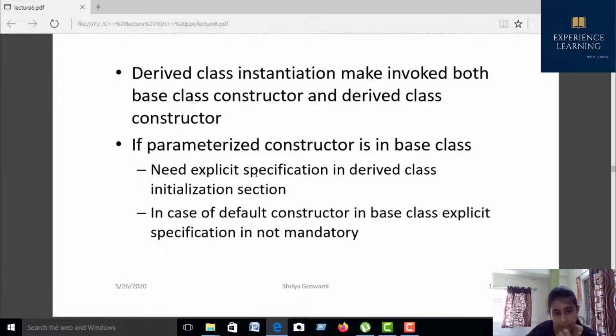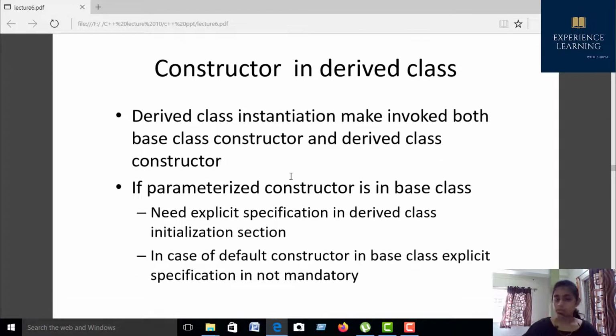In case of a default constructor in the base class, explicit specification is not mandatory. See, if we have a default constructor in the base class, whatever the constructor in the derived class is, either parameterized or default, explicit initialization for the base class constructor is optional.